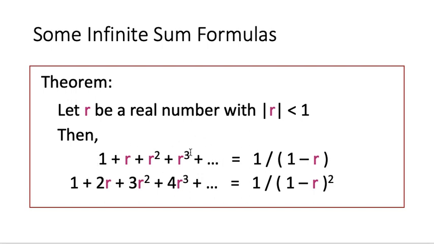In that case, if we differentiate 1 over 1 minus r, we should get the result. This is the result of differentiating 1 divided by 1 minus r. So again, we can easily get the second formula. These are two formulas that we will use frequently when we analyze the geometric random variable that we will introduce soon.